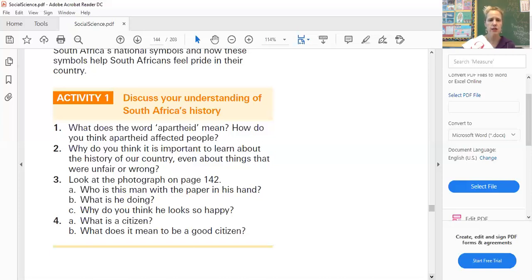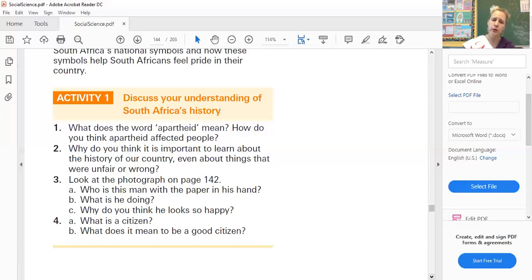Okay, then it says, look at the photo on page 142, which is our picture of Nelson Mandela casting his vote. Remember, it's not for American Idol, okay? Okay, A, who is the man with the paper in his hand? I want full sentences. The man with the paper in his hand is Nelson Mandela. Capital N, capital M, please spell correctly, because the name and spelling is in the textbook.